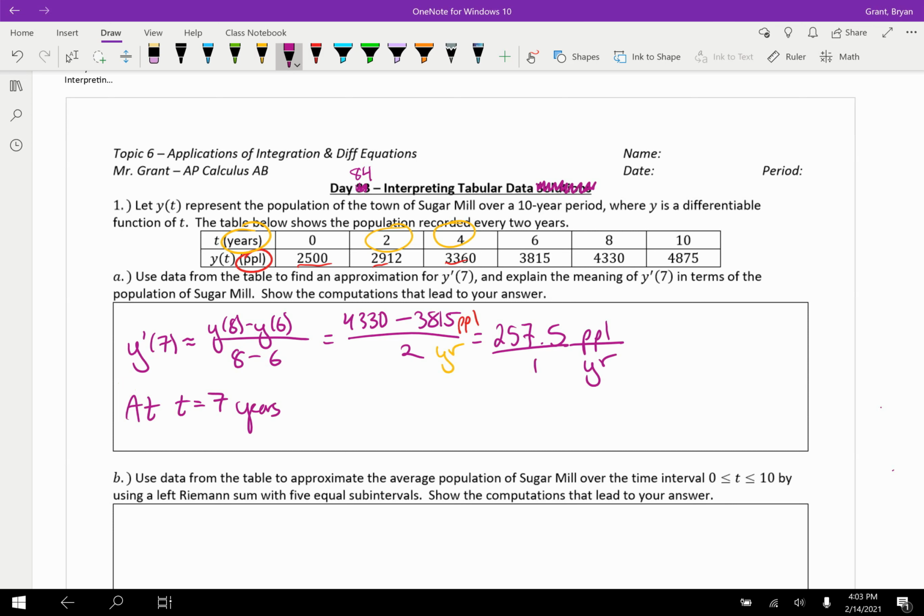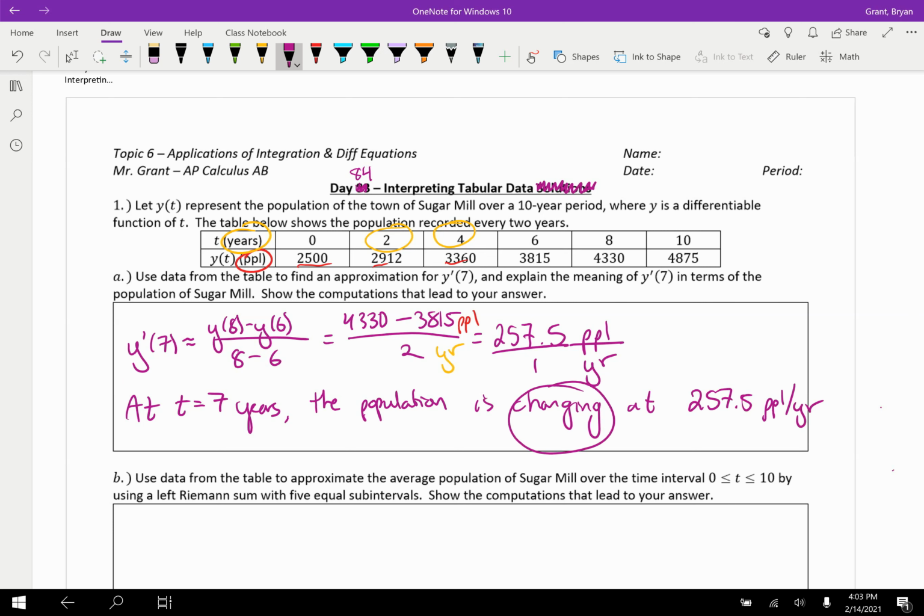Well, we found the derivative of people, or the derivative of the population, and a derivative always measures a rate of change. So we can say the population is changing at 257.5 people per year.